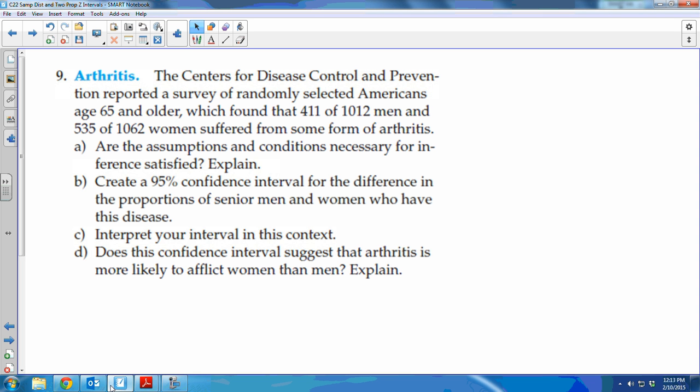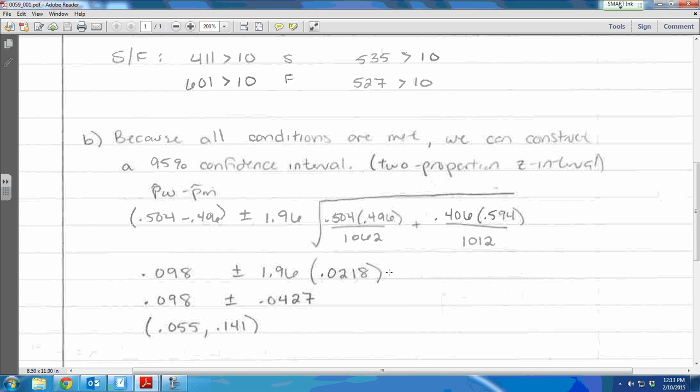Interpret your interval in this context. It's still going to start with, I'm 95% confident. You have to talk about your confidence level. I'm 95% confident. We're going to start there. But in this case, think back to that sampling distribution model. We just talked about the positives and the negatives and all that jazz, right? Do you see my interval? My entire interval is positive. That means all of my proposed differences are positive.